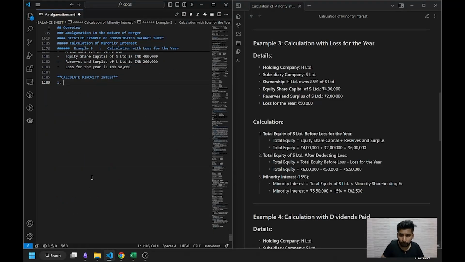How will we calculate the minority interest? First of all, we will find out the total equity of S Limited before loss for the year.